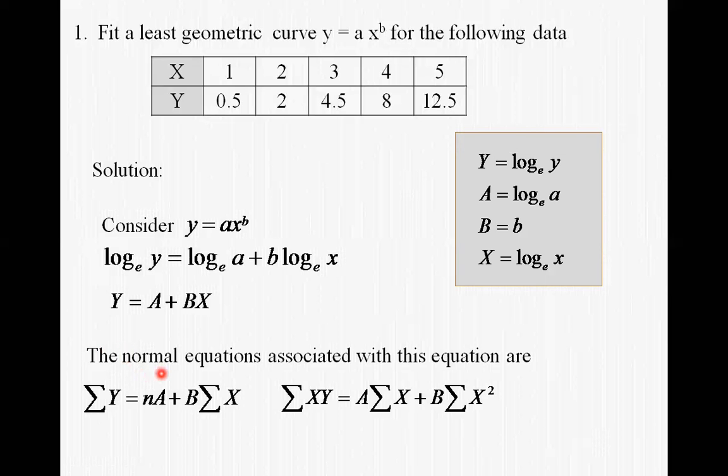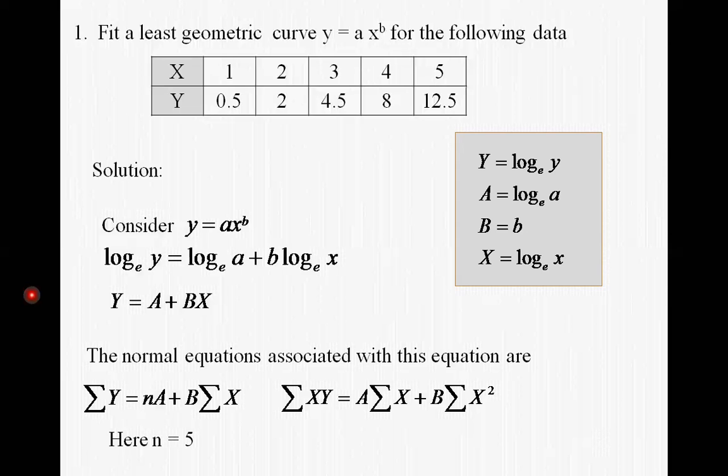The normal equations associated with this equation are: summation of capital Y equals n into capital A plus capital B into summation of capital X; summation of capital X into capital Y equals capital A into summation of capital X plus capital B into summation of capital X square.